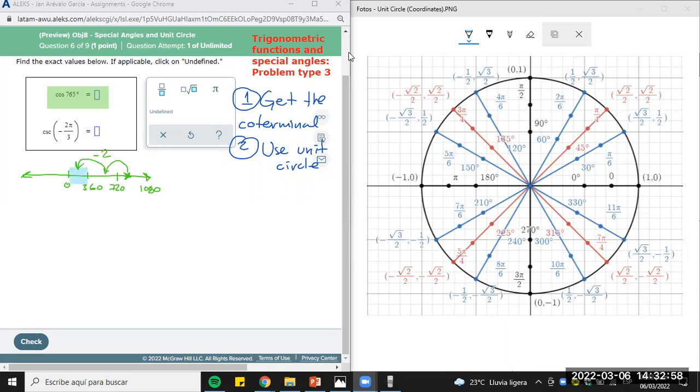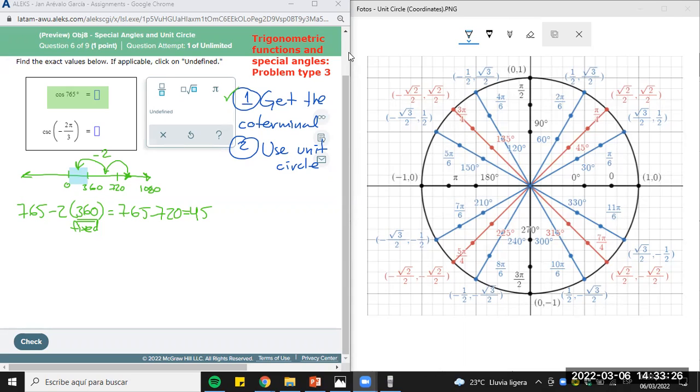I'm going to subtract. So I'm going to grab my original angle and then I'm going to do minus 2 times 360, right? That is fixed. You know that will never change. The things that are going to change are your original angle and the number of jumps. Then I have 765 minus 720, that is just 45.